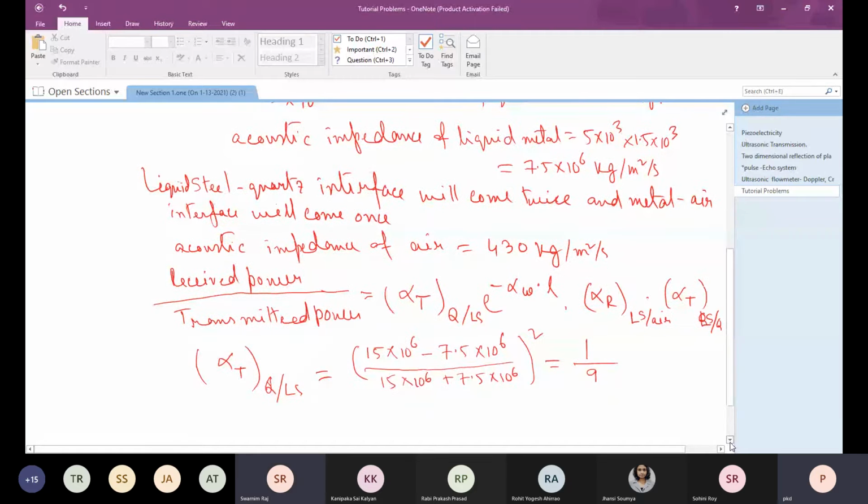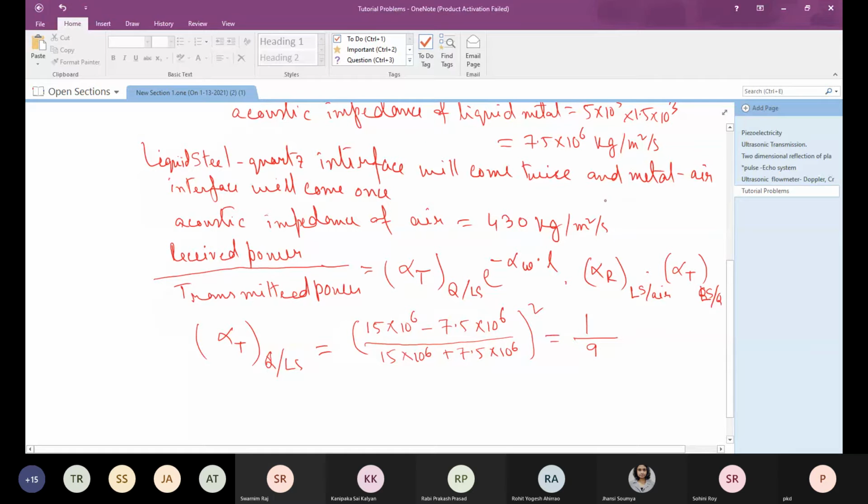Here it is 1.9, and then this one, exponential of alpha W, is given. Alpha W is 0.1 per meter.